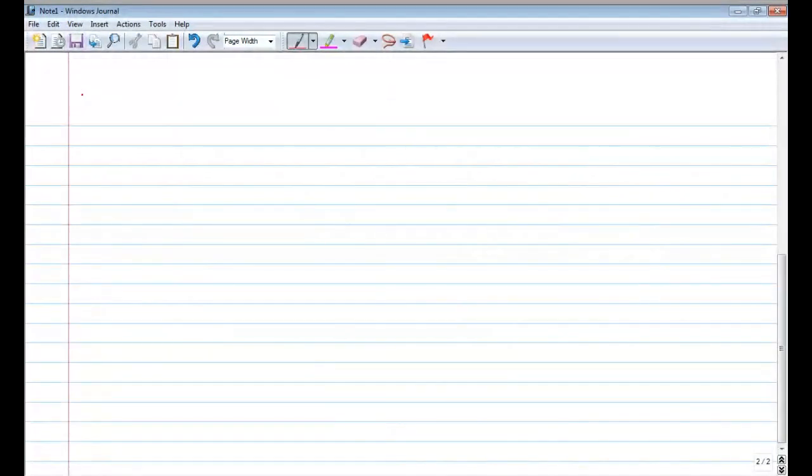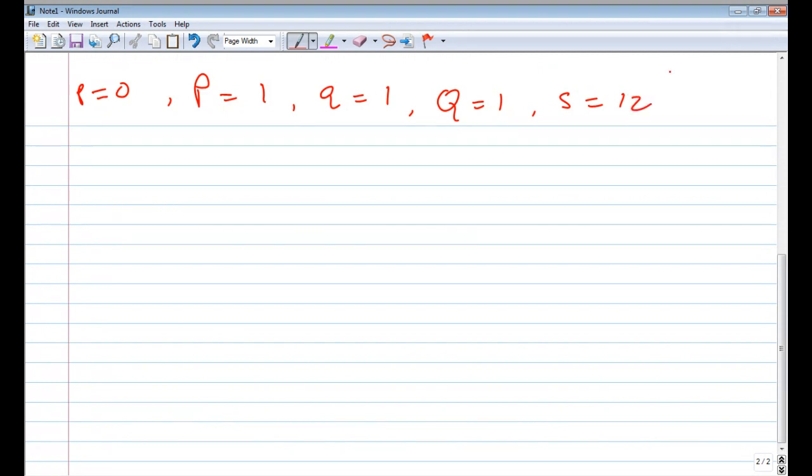What I'm saying is we are having p, which is equal to 0, and big P, which is equal to, let's say, 1, q equal to 1, capital letter Q equal to 1, and then S, which is seasonal, equal to 12. So that means we just want to see SARMA.